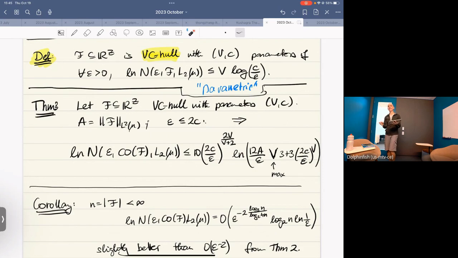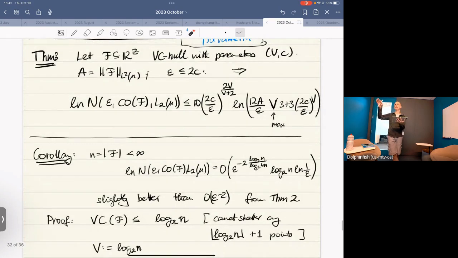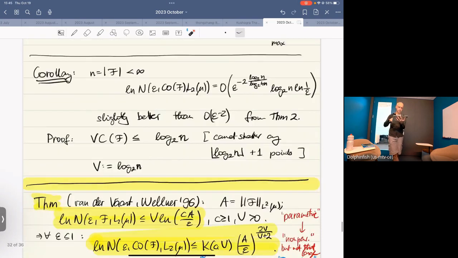Where are you landing exactly? By and large, that's the distinction. 1 over epsilon is called non-parametrics, log 1 over epsilon is called parametrics. These are the people who are doing empirical processes, so this is their terminology for parametric and non-parametric learning when they are considering these function classes.